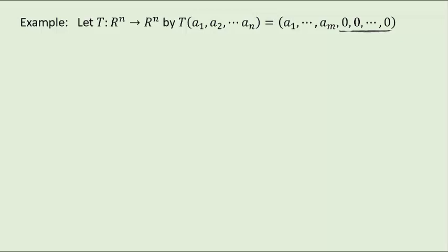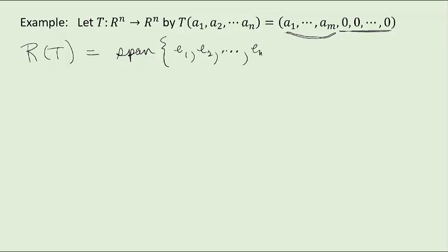And it just sends it to this here, which really we could identify as R^m, m space. The range of T is equal to the span of, let's use our standard basis vectors, e1, e2 through e sub m.